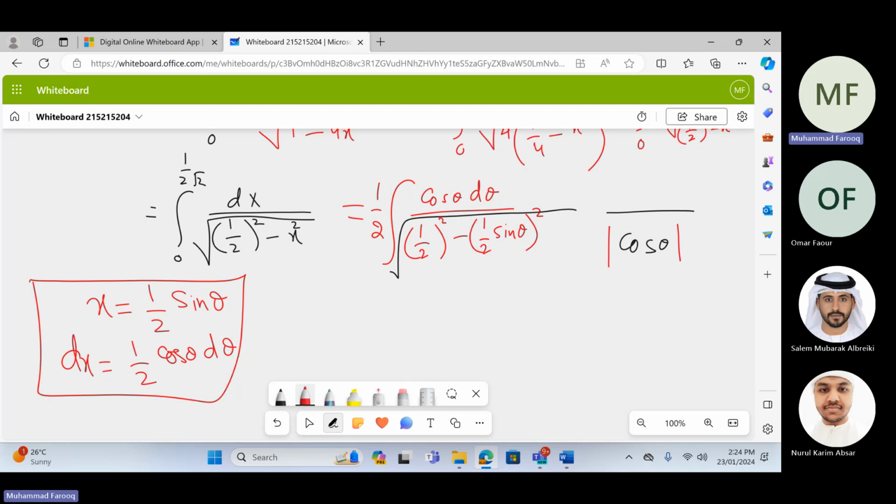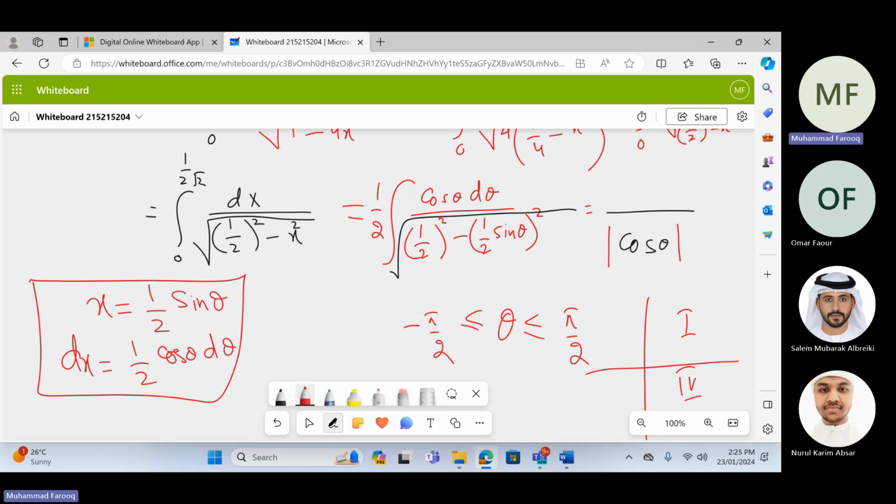Now, as we get this cosine theta, which function are you using for substitution? Sine theta. What is the theta interval? Negative pi by 2 to positive pi by 2, right? Which two quadrants? 1st and 4th.